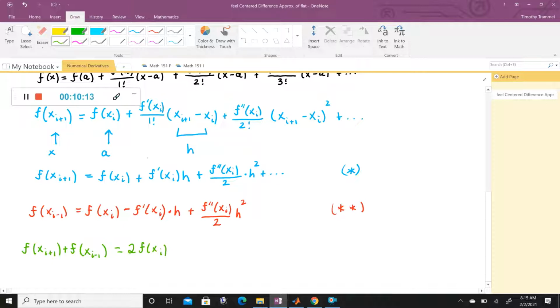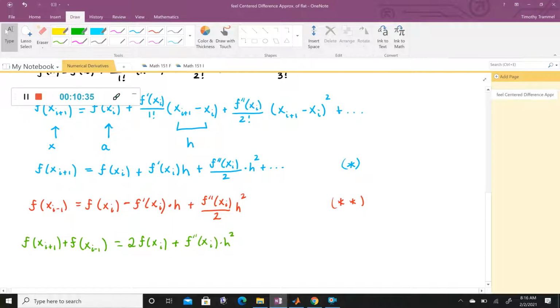And then next on our list, you can see that the first derivatives times h will cancel. And then if you were to add the two last terms together, we're going to end up with plus f double prime of x sub i times h squared.